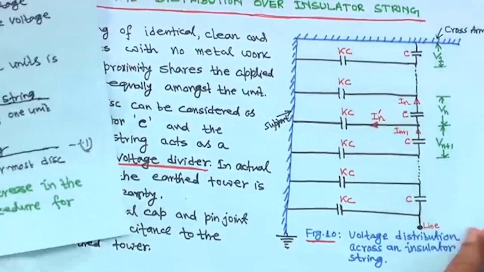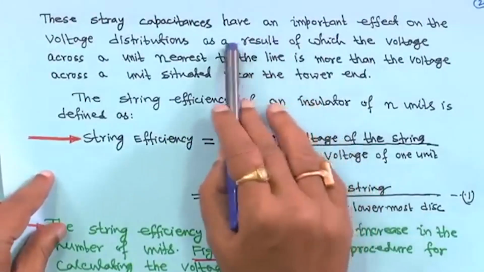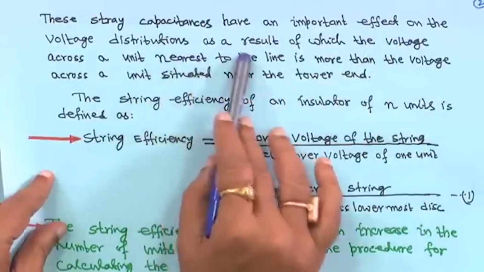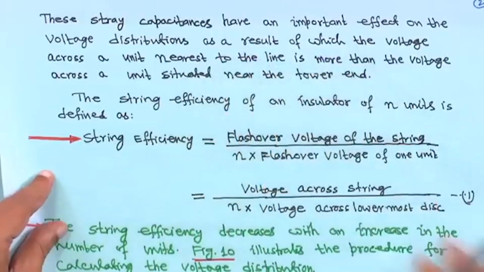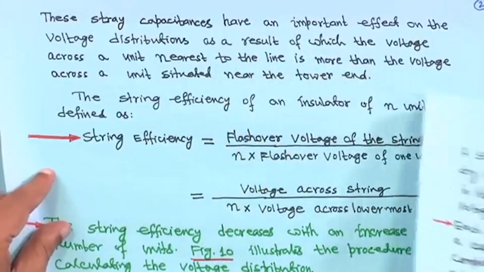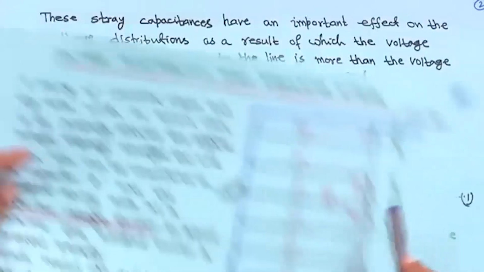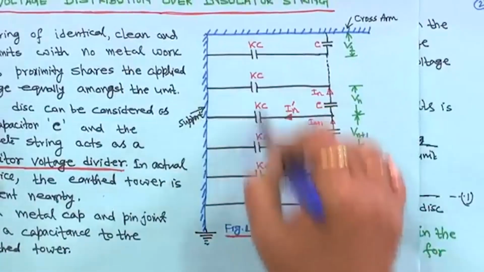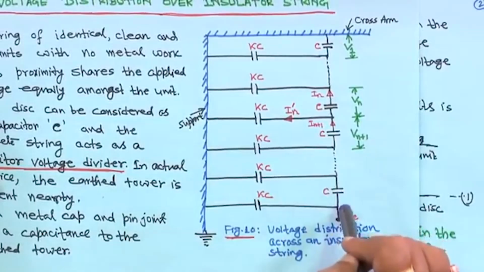These stray capacitances have an important effect on the voltage distribution, as a result of which the voltage across the unit nearest to the line is more. Because of this stray capacitance, the voltage is higher near the line.